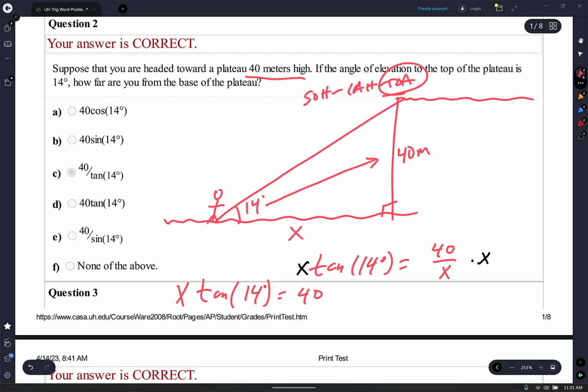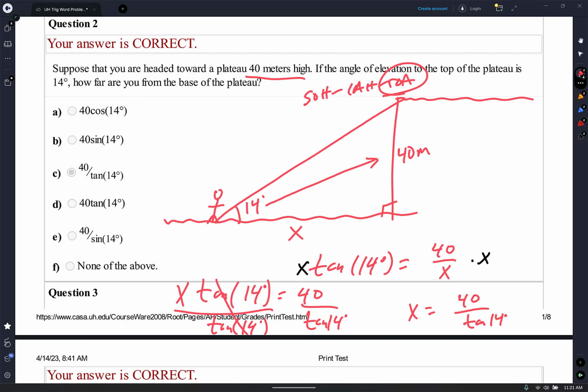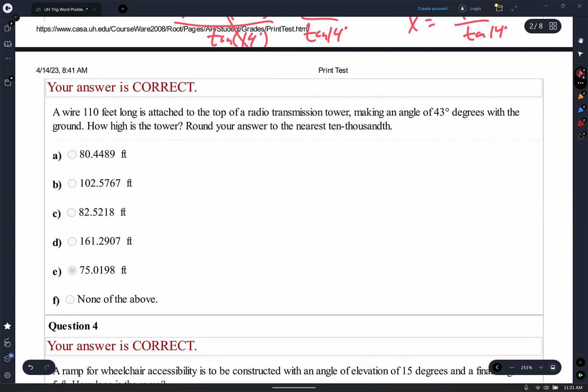And then you want to get x by itself, so you're going to divide by tan 14. And there you go. So x equals 40 divided by tan 14. And this person got it right. All right, guys, let's go to the next one.